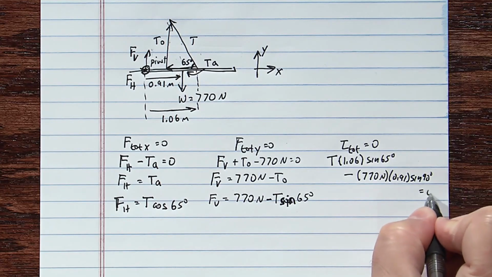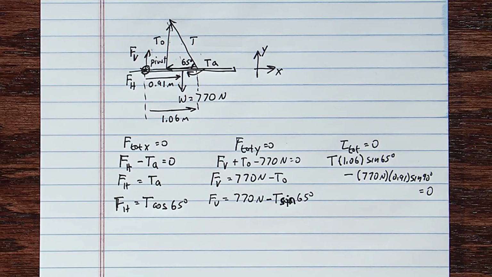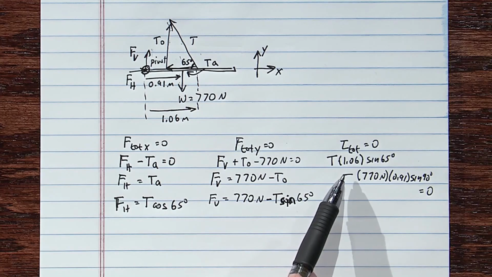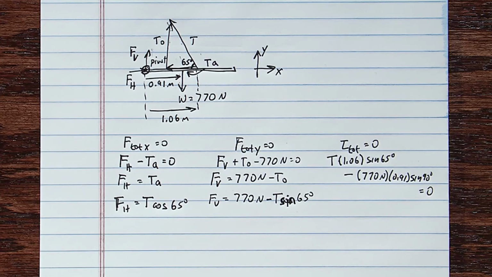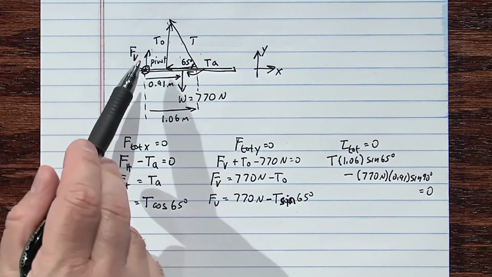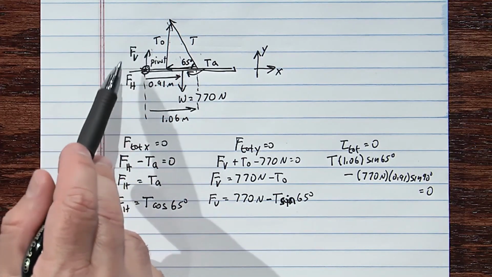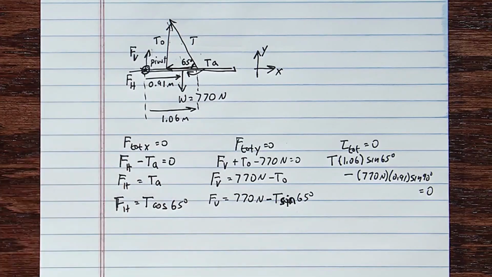And all of that is equal to 0. So now we can see here that we have an equation with only one unknown in it, only tension. So by putting our pivot point here, we've eliminated these two unknowns from our torque equation. So our torque equation only has one unknown.